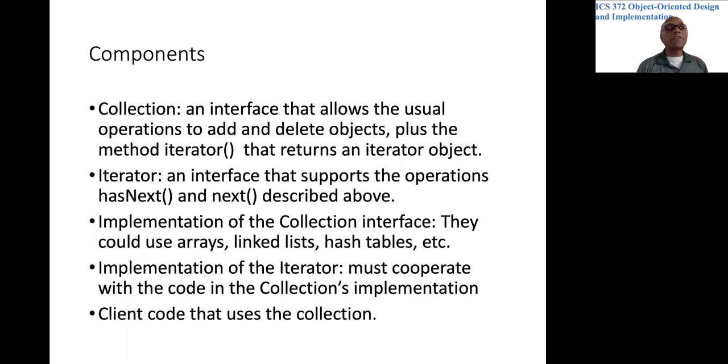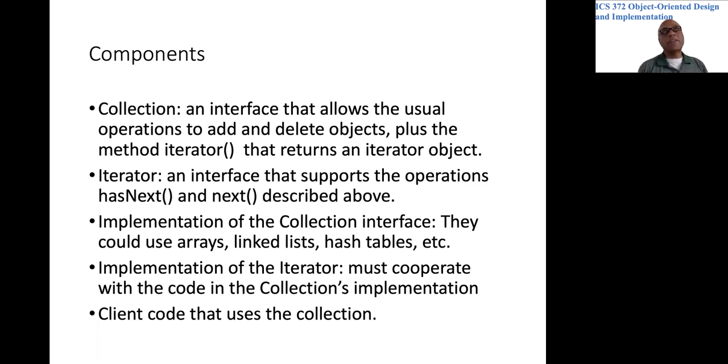So the iterator design pattern is meant to handle the situation where collections are changed, but the client that handles the collection does not want to be breaking its code.